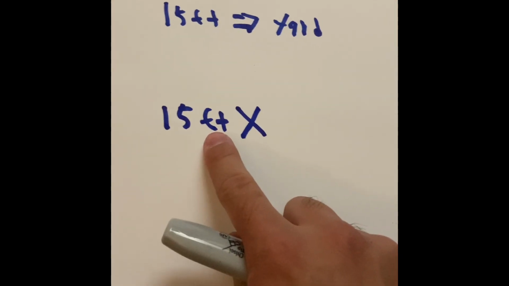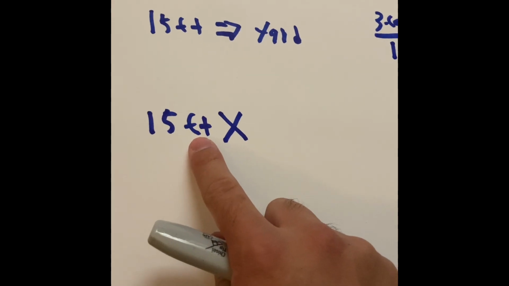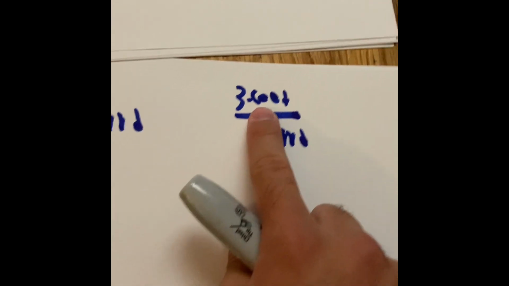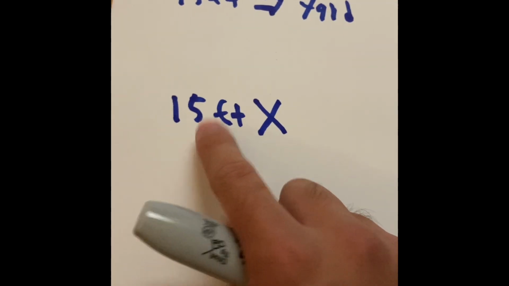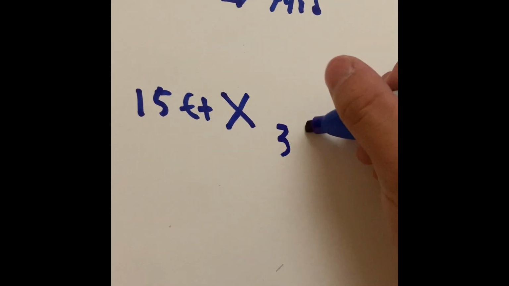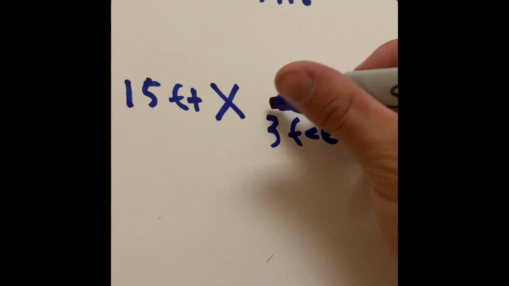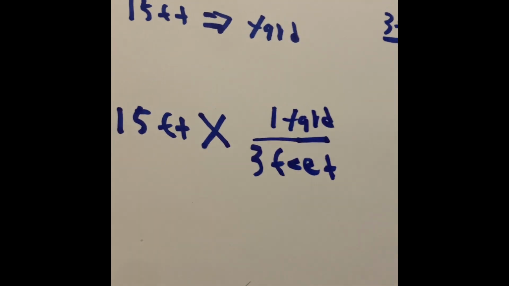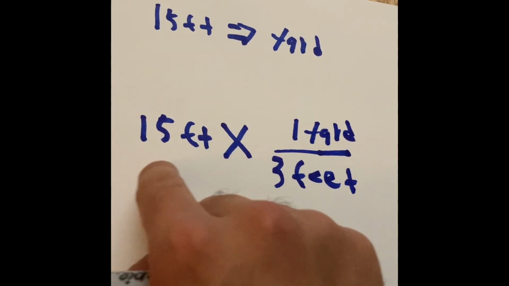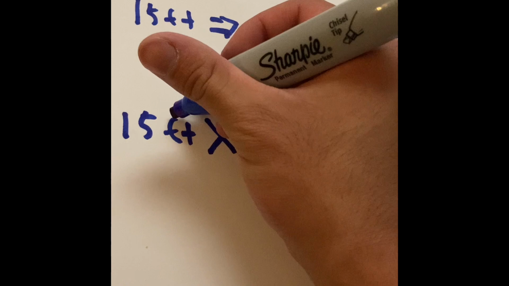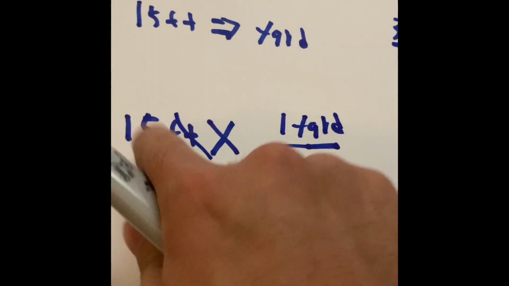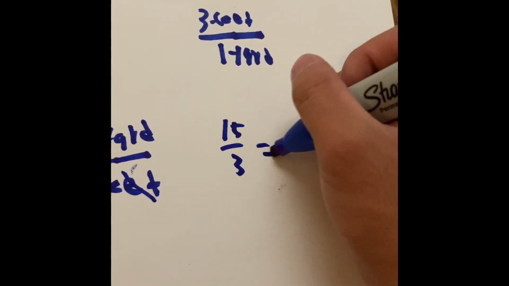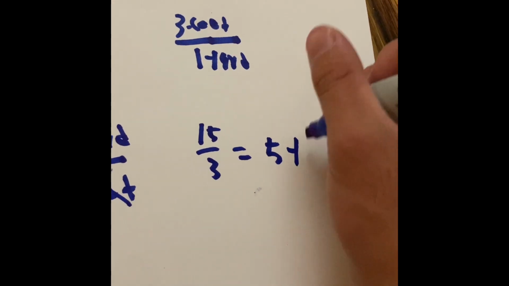If you put feet on the top, you need to put feet on the bottom so they cancel out. So we put 3 feet on the bottom, and 1 yard on the top, since that's what we're trying to find. If we cancel out the feet, 15 times 1 is 15, divided by 3 is going to equal 5 yards.